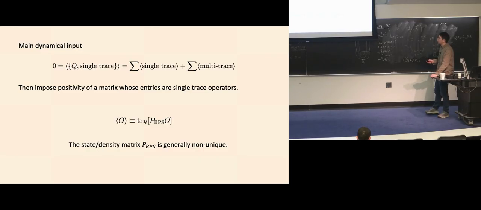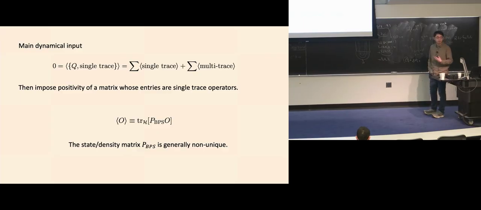Here the expectation value is some trace over the Hilbert space of some single trace operator O with an insertion of some projection operator or density matrix to some BPS subspace. So we are evaluating the expectation value of operators in the BPS subspace. Importantly, for most cases, this P_BPS is non-unique.